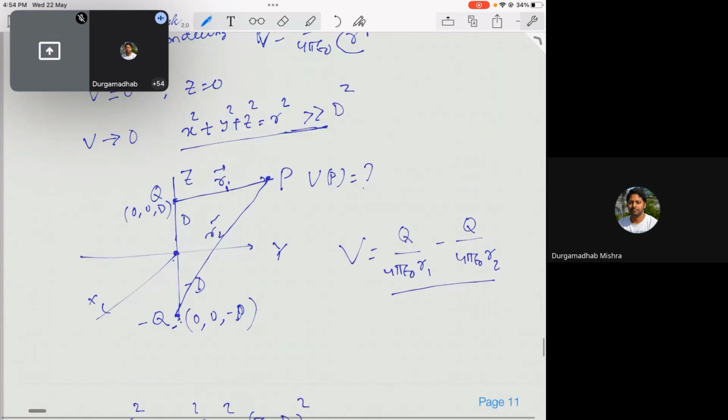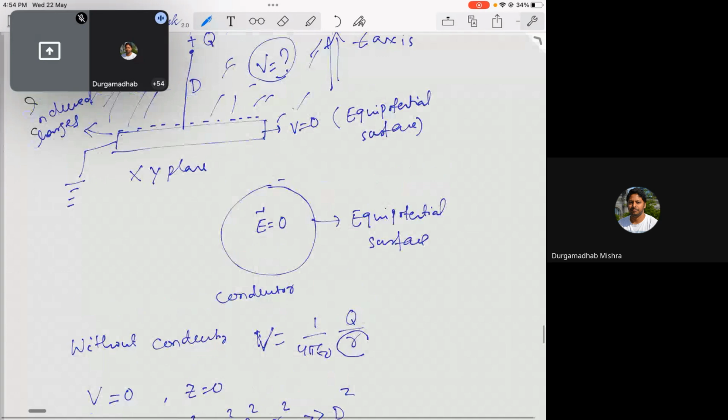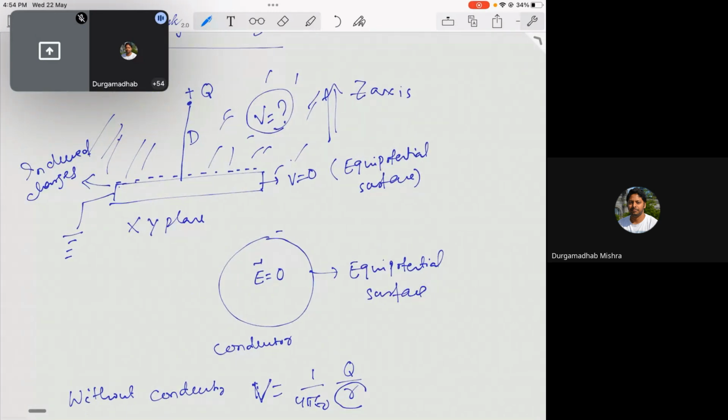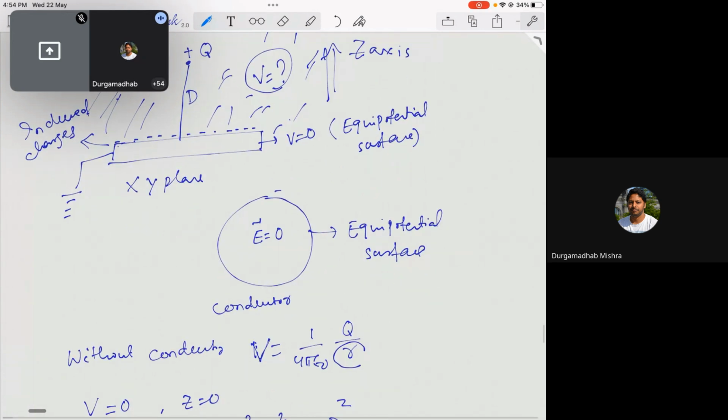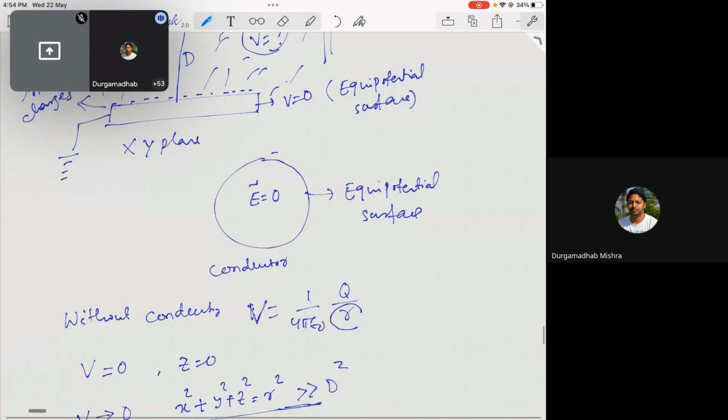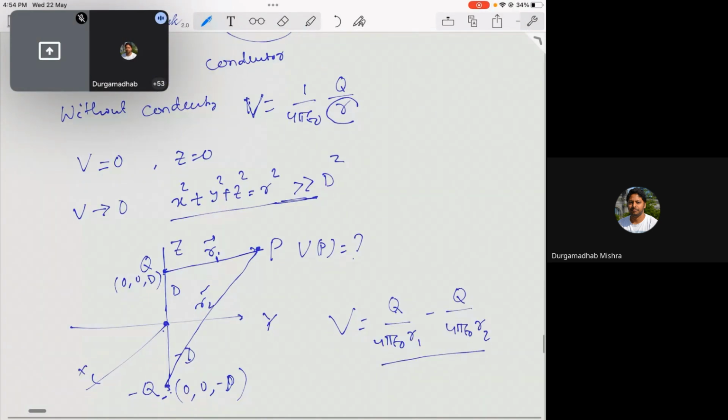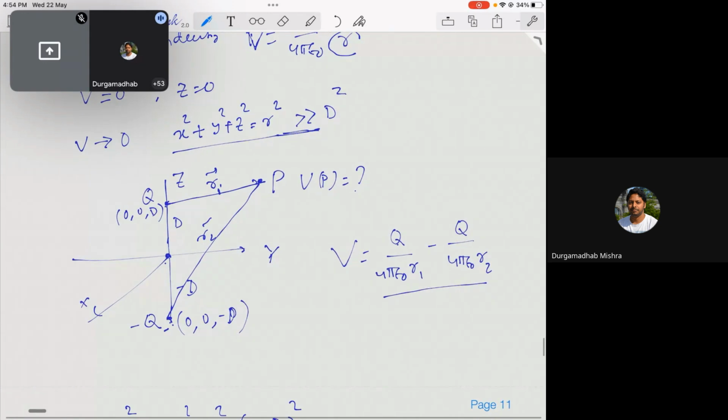This is the essence of the uniqueness theorem, which we can now use to say that the problem we started with, a positive charge Q with a grounded conductor, is equivalent to a problem where we have a charge Q and another charge minus Q separated by the same distance.